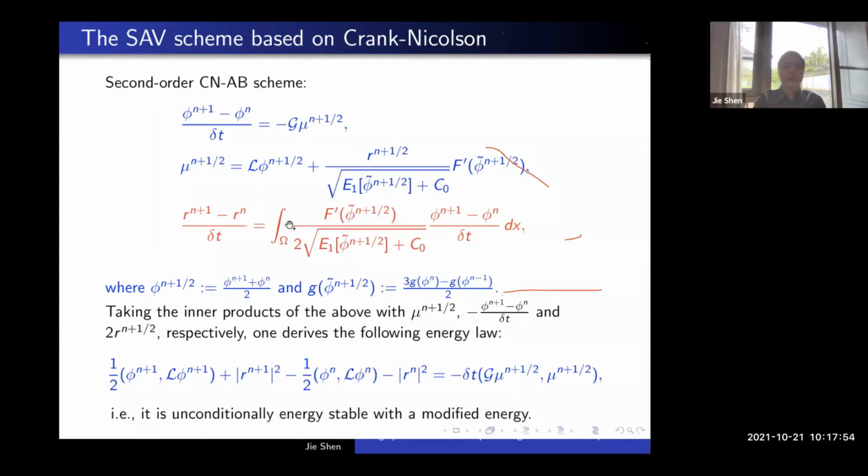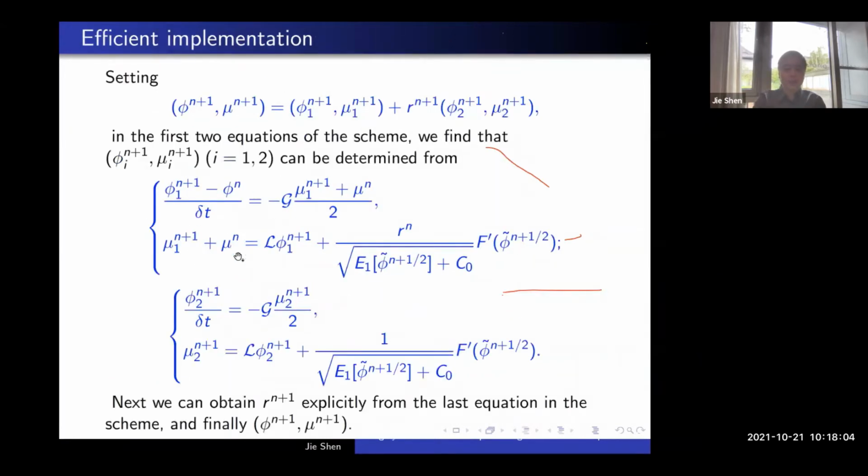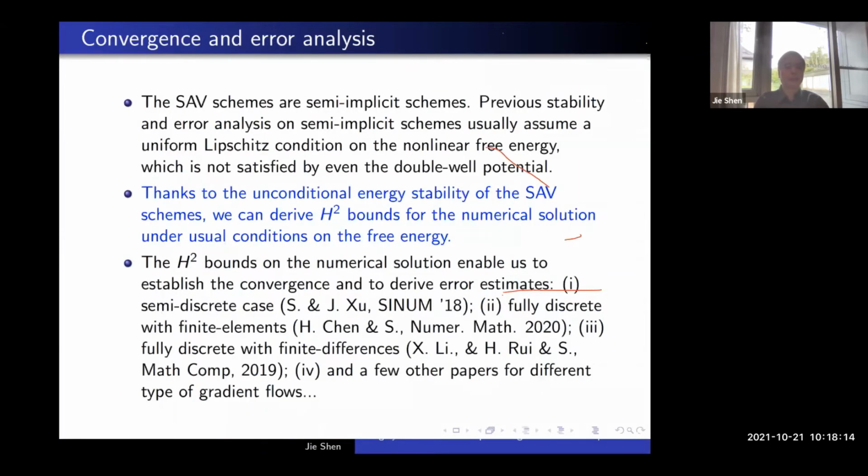And then you get just a linear equation for R n plus 1, which you can solve directly. So the total computational cost is just solving these two linear systems with constant coefficient. So it's very easy to solve. And I will mention just a little bit about the convergence and error analysis.